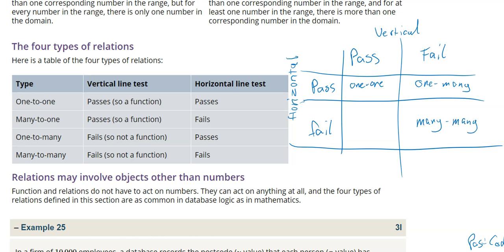And if it's passed the vertical line test but failed the horizontal line test, then it is a many-to-one. And we can see these ones are functions, and these are relations. I mean, technically they're all relations, but these ones aren't functions.